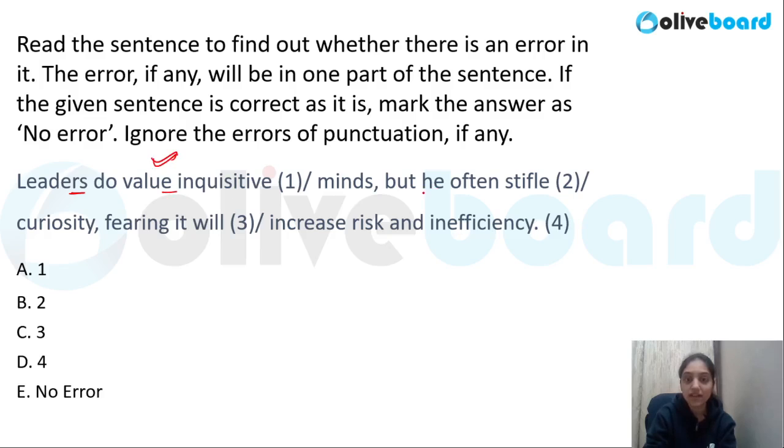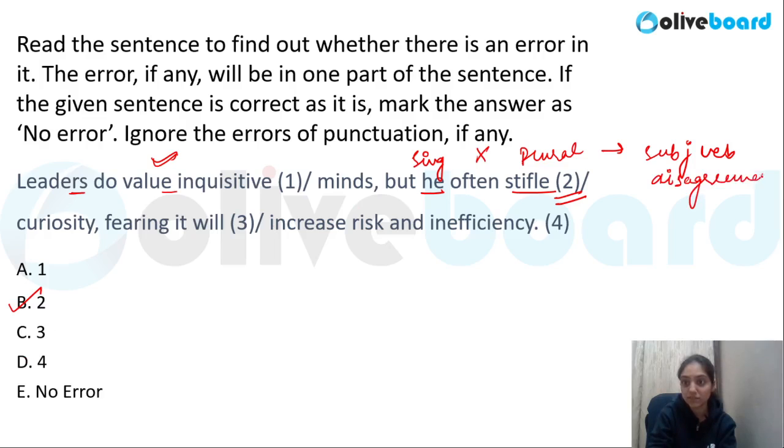Now, here he is a singular subject, whereas stifle here is a plural verb. So, this causes subject verb disagreement. So, we have established that there is an error in the second part of the sentence. According to this, option B is the correct answer, which indicates that the second part of the sentence has an error. The error is subject verb disagreement.